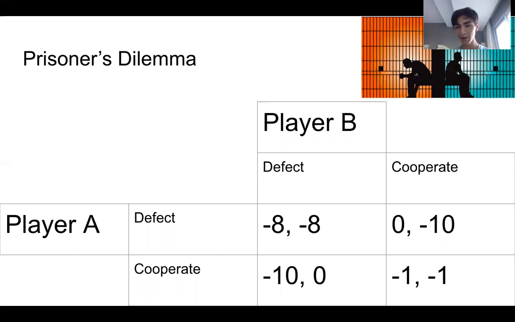These people are in separate rooms being interrogated, and they say, okay, listen, you can either decide to defect your partner, or you can decide to help. Defect means they are defecting from the agreement, right?